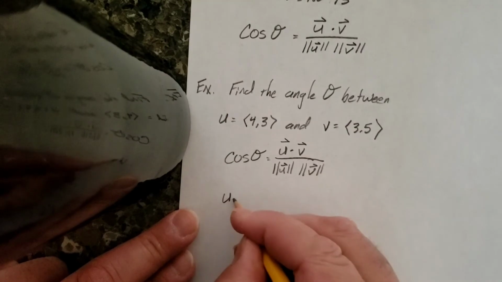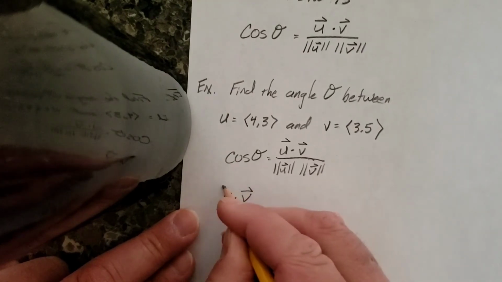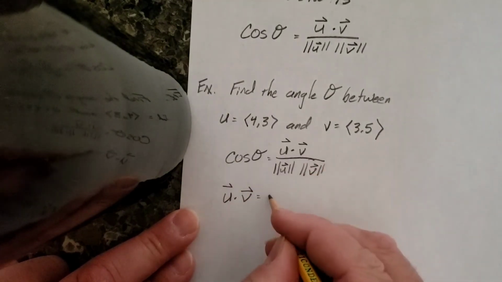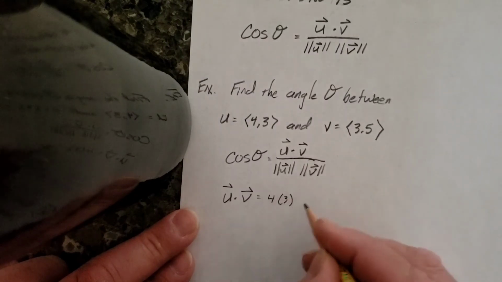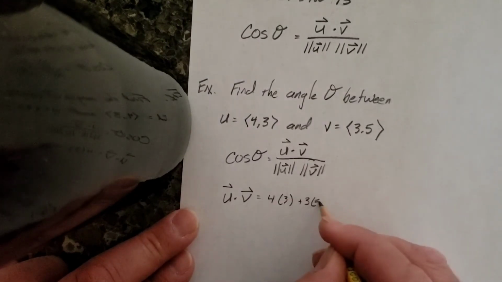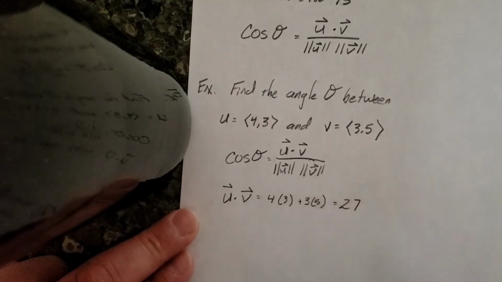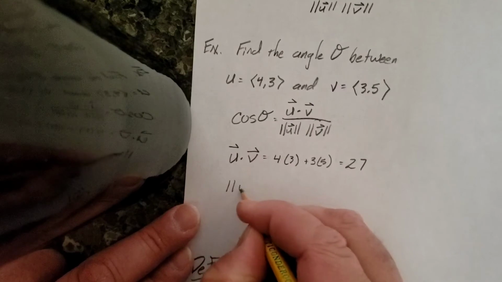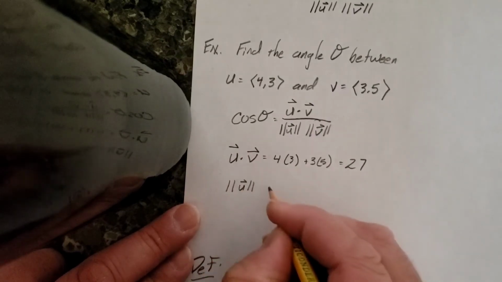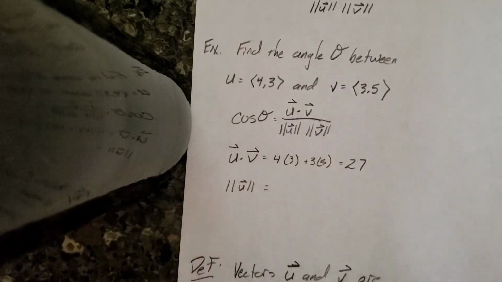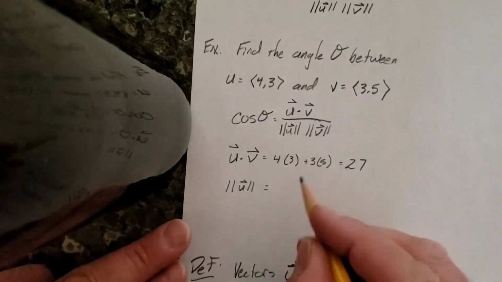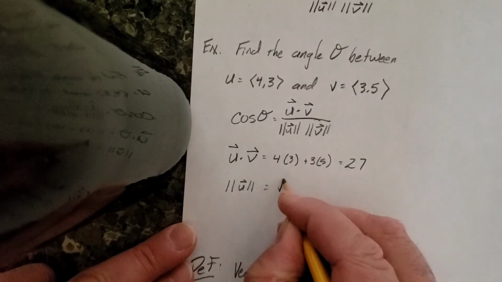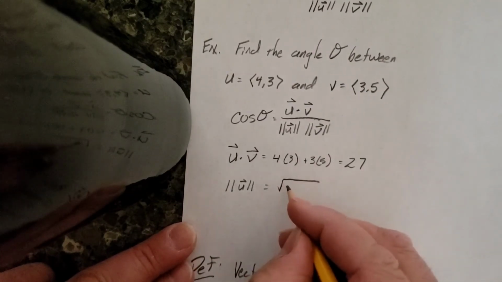Okay, so we know that the cosine of theta is u dot v over the magnitude of u times the magnitude of v. Okay, I'm going to do this in 3 parts. I'm going to do u dot v first, and that's going to give me 4 times 3 plus 3 times 5, and that's 27. Now I'm going to find the magnitude of u, and if you remember that, it is each component squared, adding them under the square root.